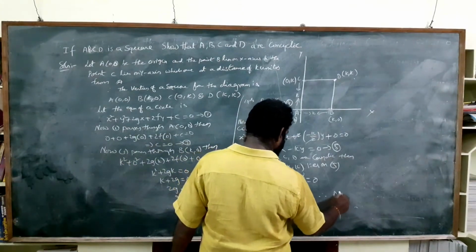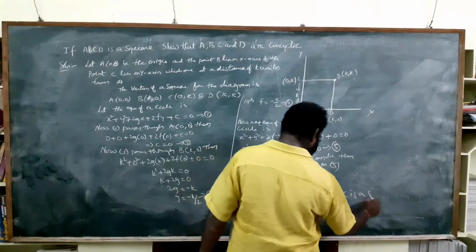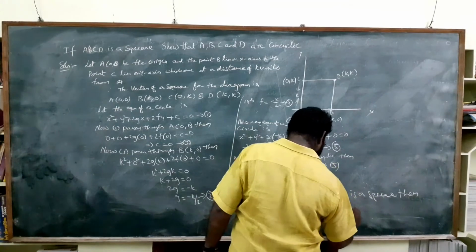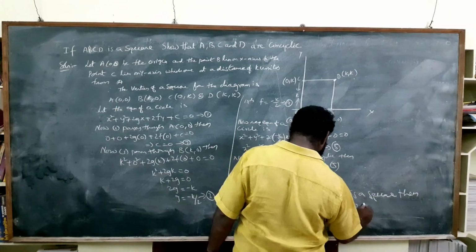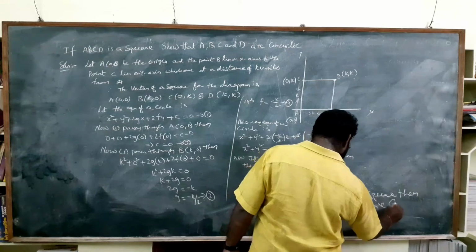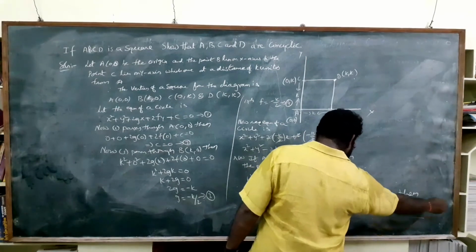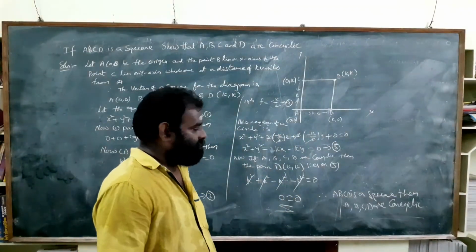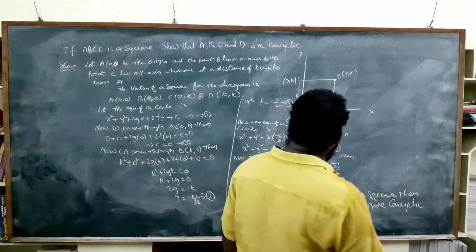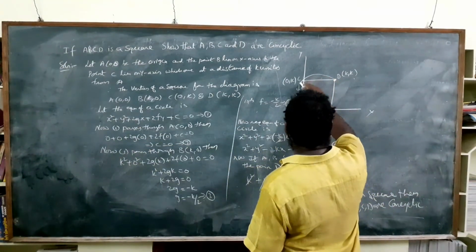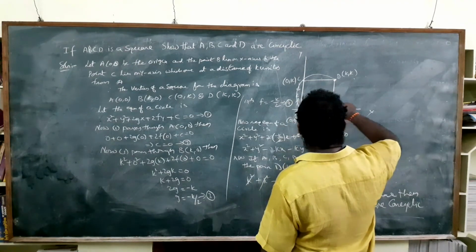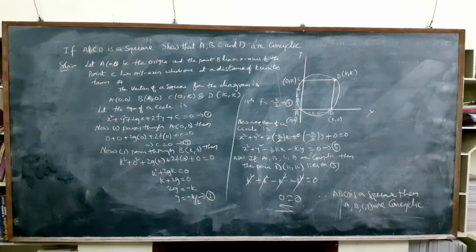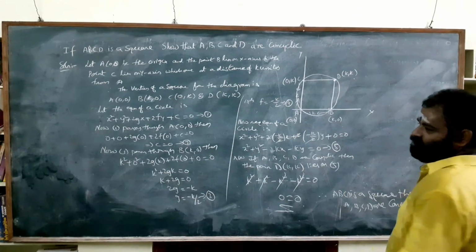Therefore ABCD is a circle, then A, B, C, D are concyclic. So the circle is like this. Understand or not?